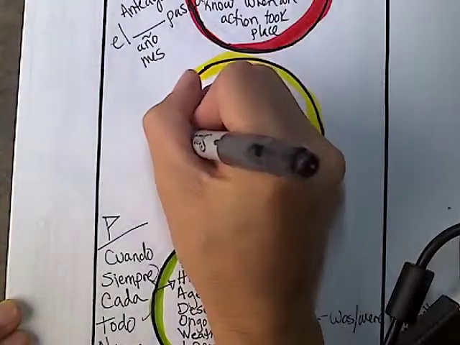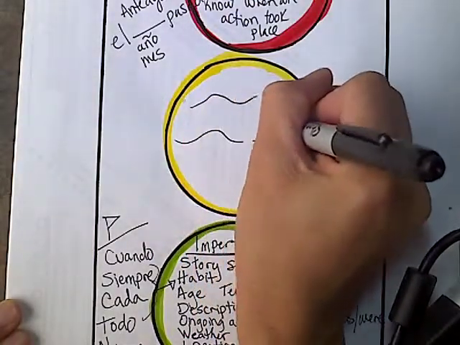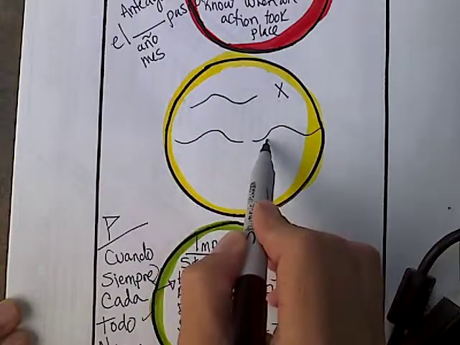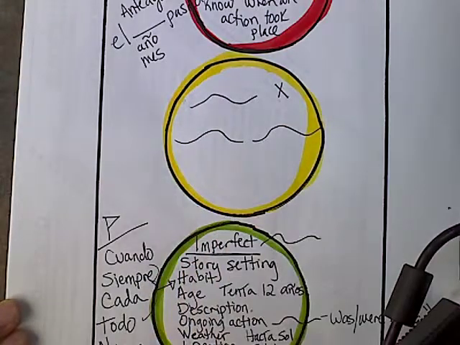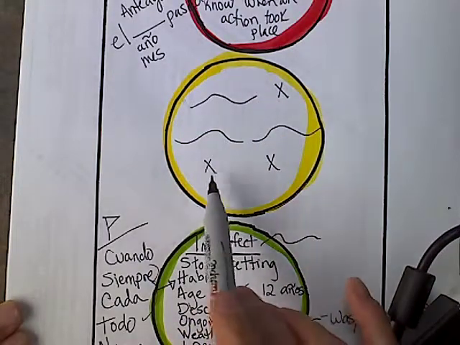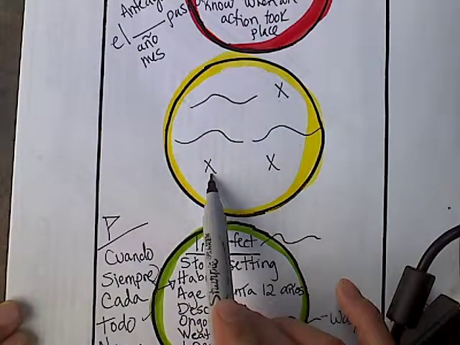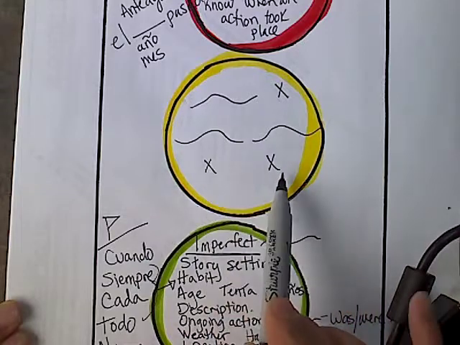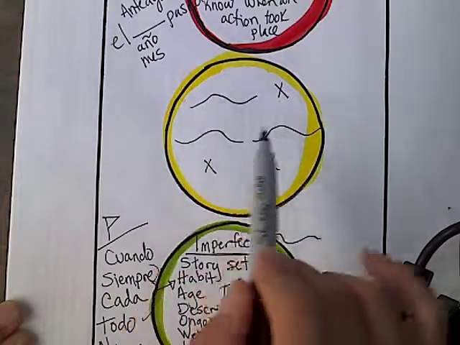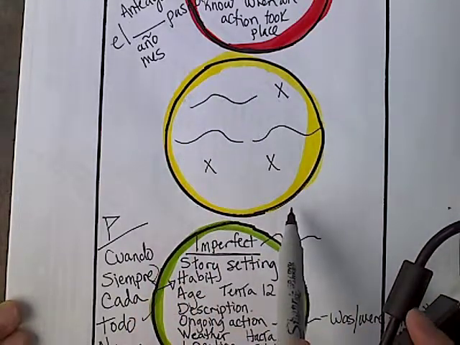Or we could have two ongoing actions at the same time, such as we were reading while she was talking. Right? Or we could have two preterite actions all at the same time. And that would be something like she slapped him and he broke his leg. Okay. So this is just basically what you're trying to say.